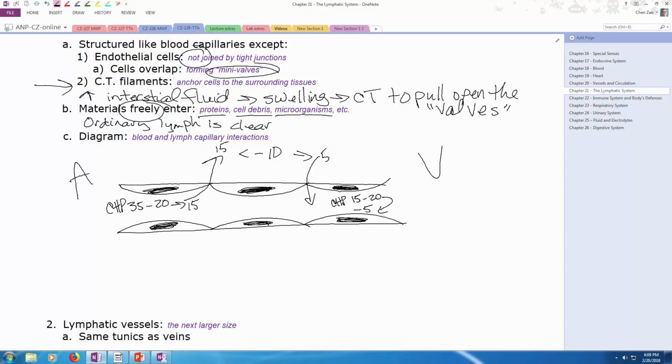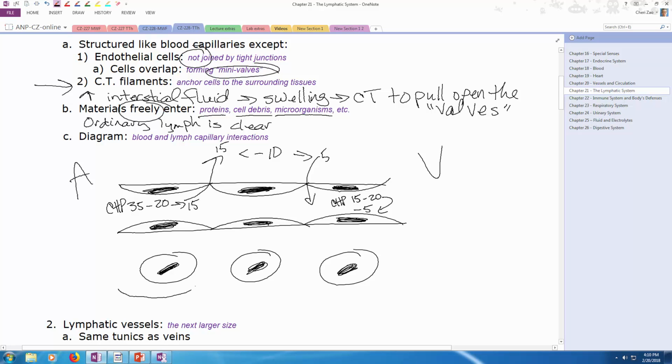Well, what we have on the other side, I'm going to draw it on the other side because it's easier because I have my numbers on one side. I'm just drawing cells of the interstitial spaces. And these cells have also those lymphatic capillaries interwoven in there, so I'm going to do a little bit of a weave here. And I'm going to finish my capillary, and I'm going to make it like this.